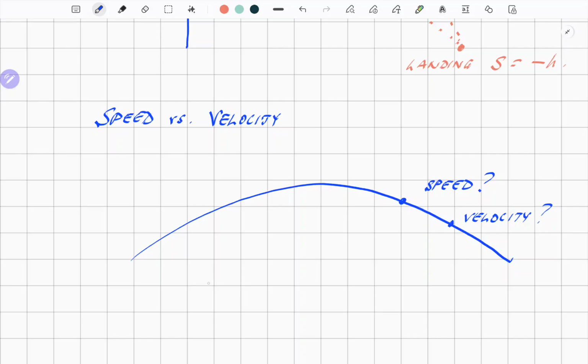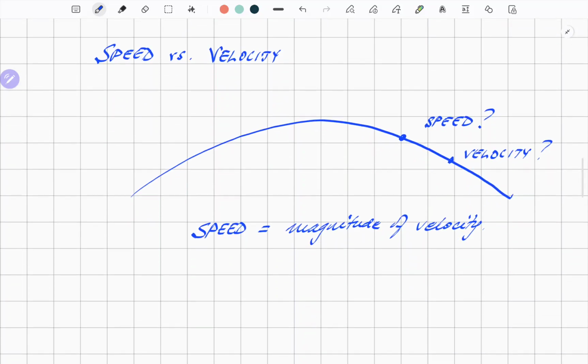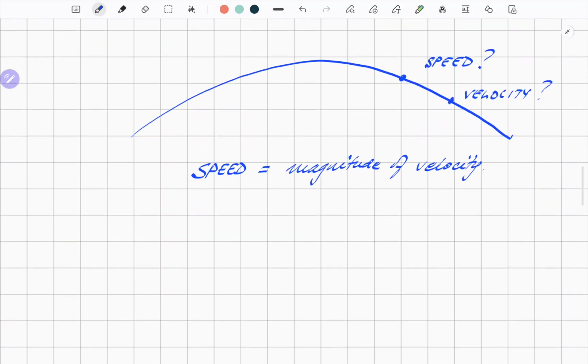In order to find the speed, it's just the magnitude of velocity. Does that make sense? Yeah. So in other words, if you've got a particular velocity, let's say where I've put it, that's your overall velocity.